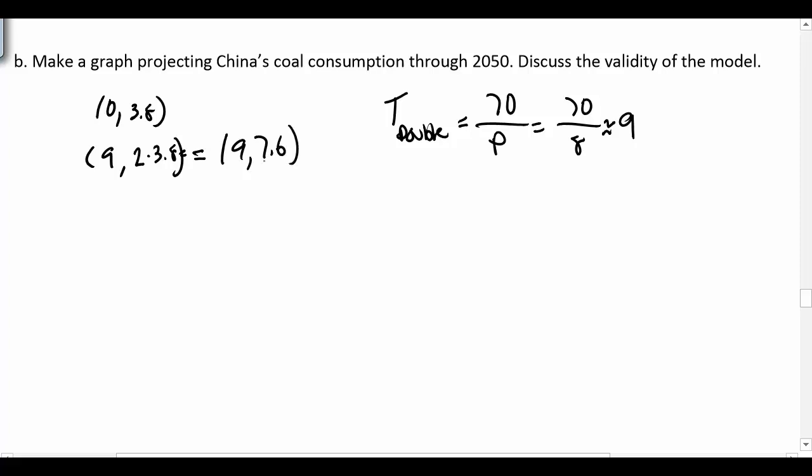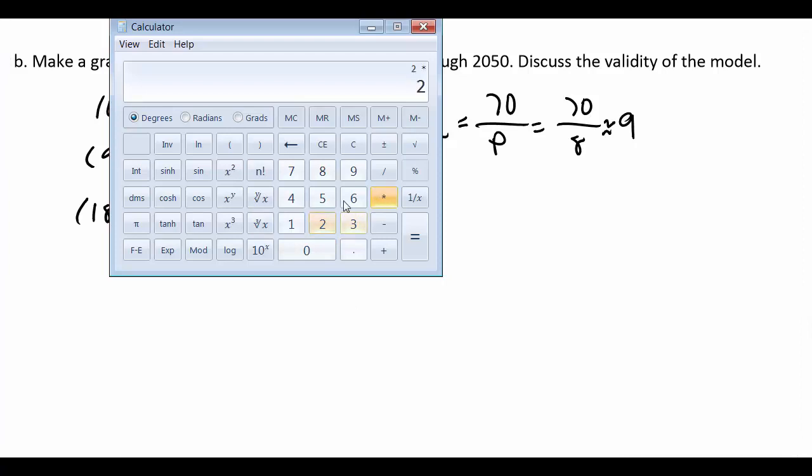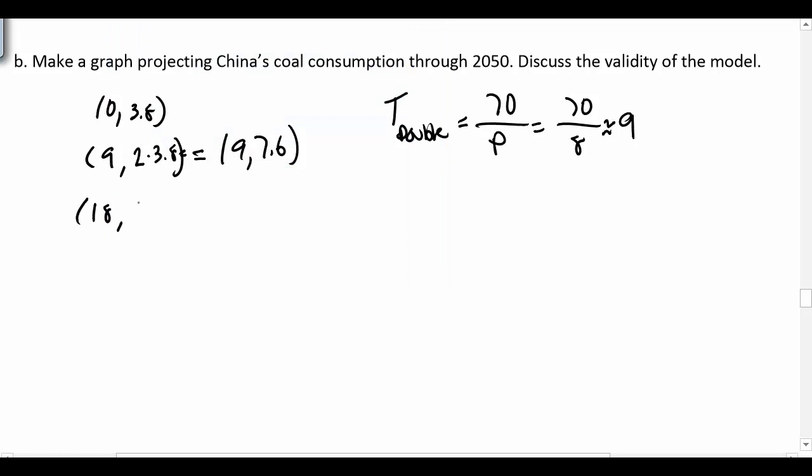Okay, and then we'll do, let's see, 2 times the doubling time, so 18. And then I want to double the 7.6. So 2 times 7.6 is 15.2. And then we want to add more to that. So 3 times the doubling time puts us at 27.